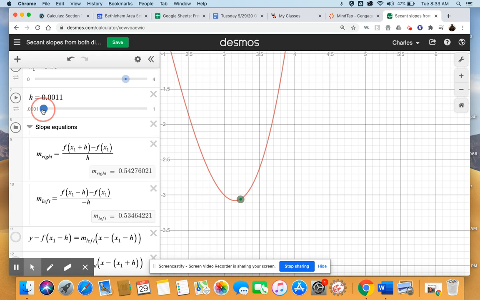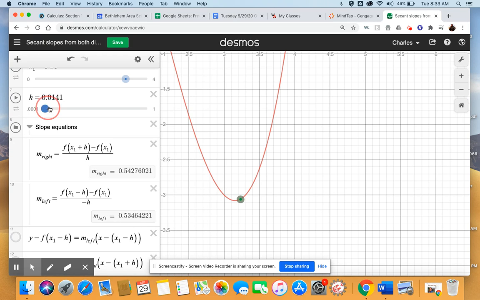What's happening to the slopes as those points get closer to the original point? 0.53906901, 0.538333. Those slopes that started very far apart from each other have consistently gotten closer and closer to the same value. In this instance, a little bit above 0.5 as a slope.